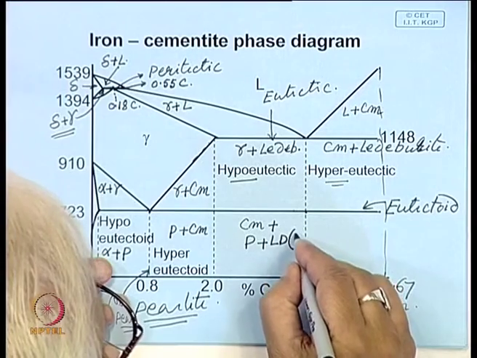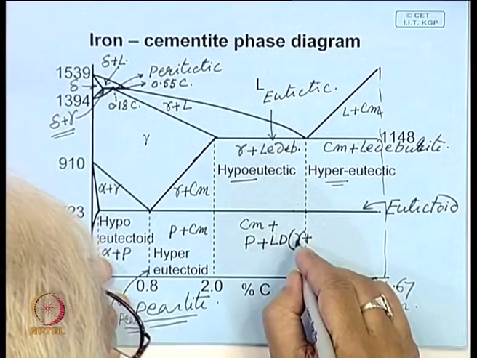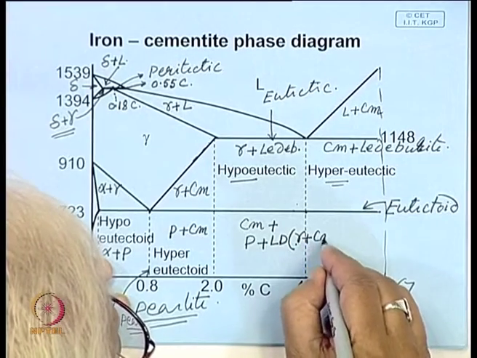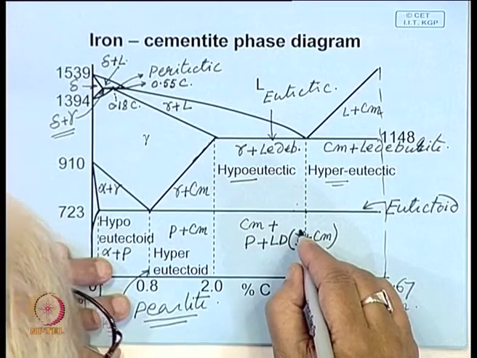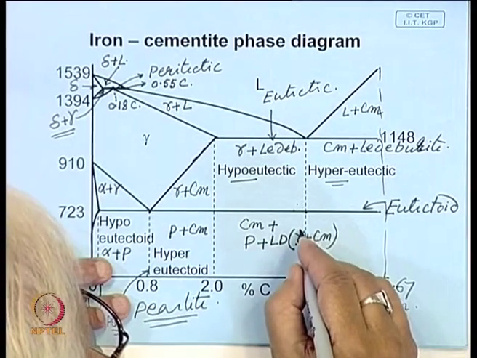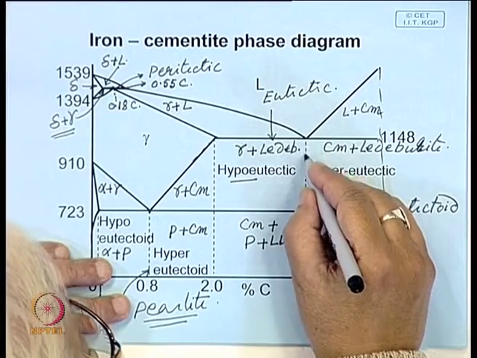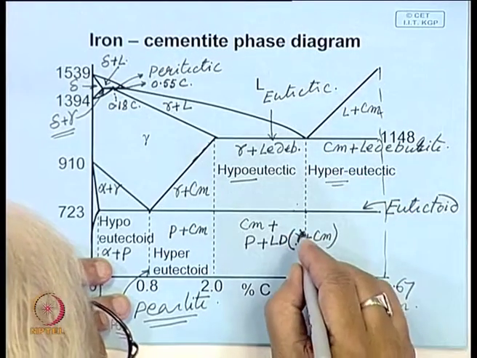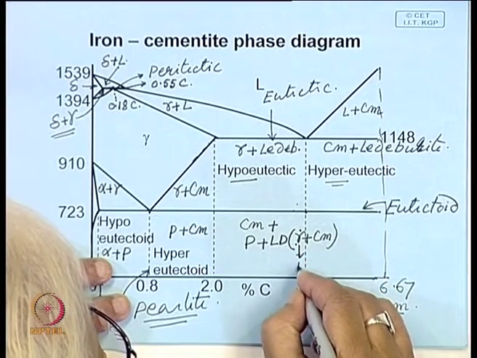Before the eutectoid reaction, it was made up of austenite plus cementite. So, what happens, this austenite, from which some amount of cementite will precipitate out as you cool down from here downward, and the balance austenite will again convert into pearlite.